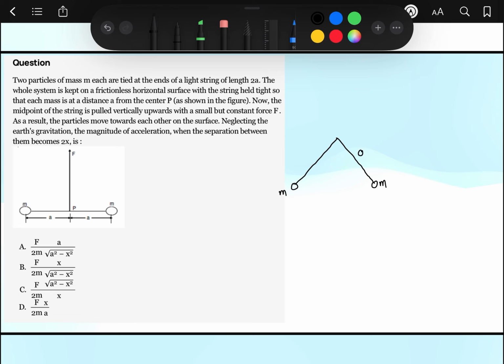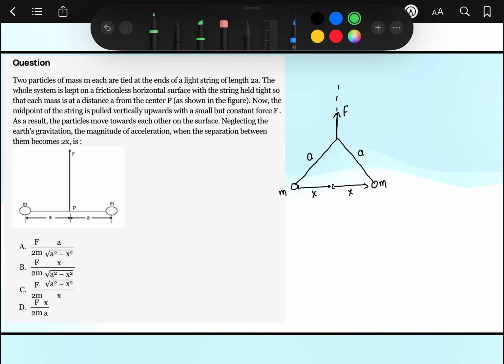The length of the string is constant, given as a. Along this line this constant force is acting, and the distance between them, let us suppose, is 2x. So this half distance will be equal to x, and this distance will be equal to x.